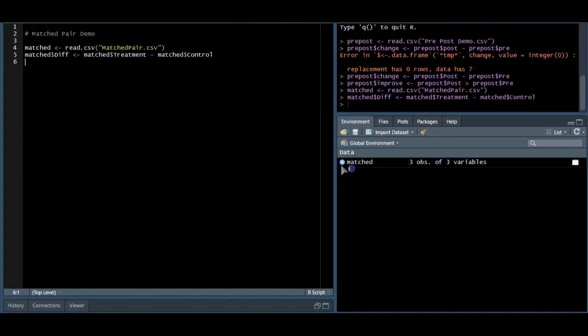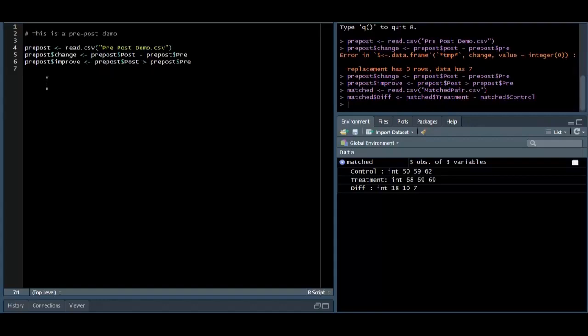And now if you looked at matched diff, you can see 18 points higher for the treatment condition, 10 points higher, and 7 points higher. Notice that this is just the exact same thing as when we did this over here with pre-post. When we did this with pre-post, we were just taking post minus pre. And when we're doing it in matched pair, we're taking treatment minus control. That's what I mean, that even though the design is different, they're statistically equivalent.